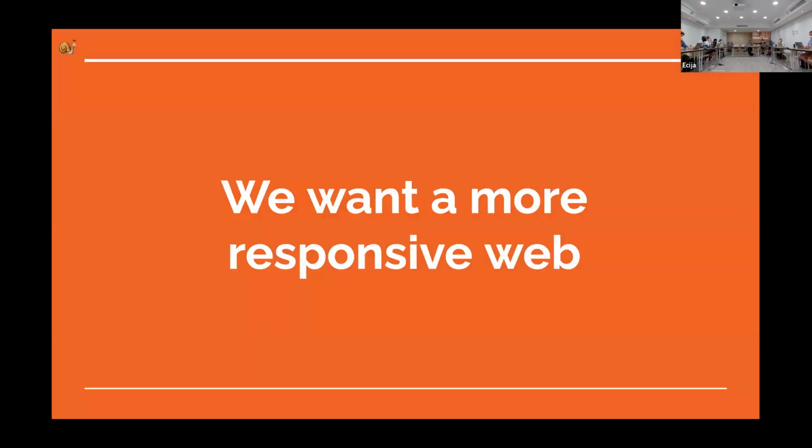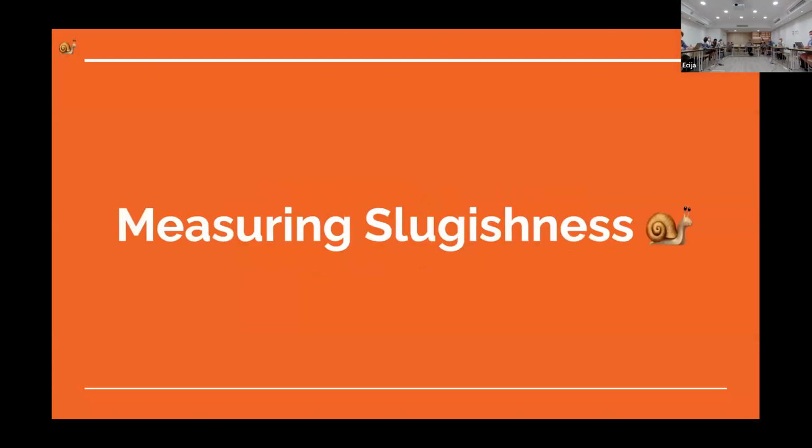This is where we kind of started. We want a web that's more responsive, that like you click things and they respond rather than jank and wait and sluggish and whatever bad words you can find for this. So as part of speed metrics, in order to have a web that's more responsive, we want to measure what makes it less responsive.